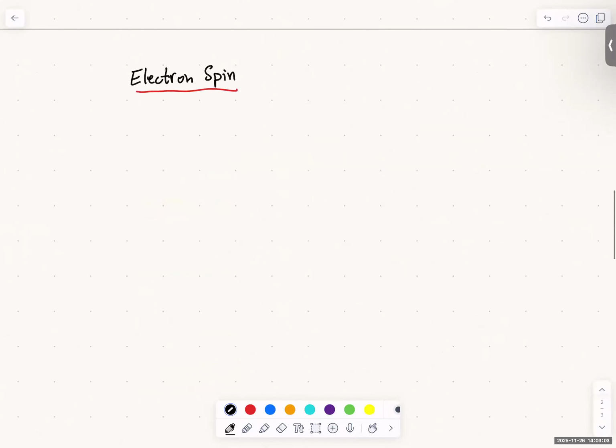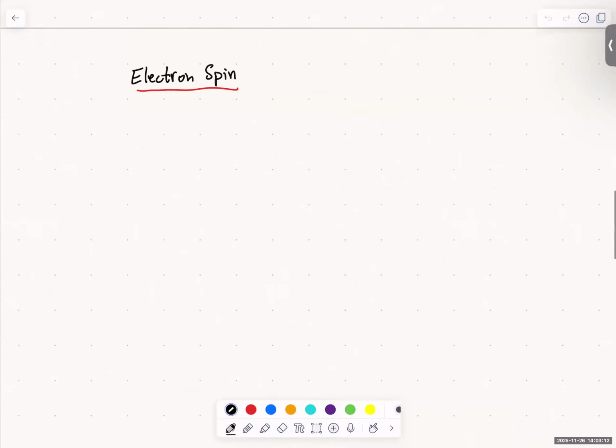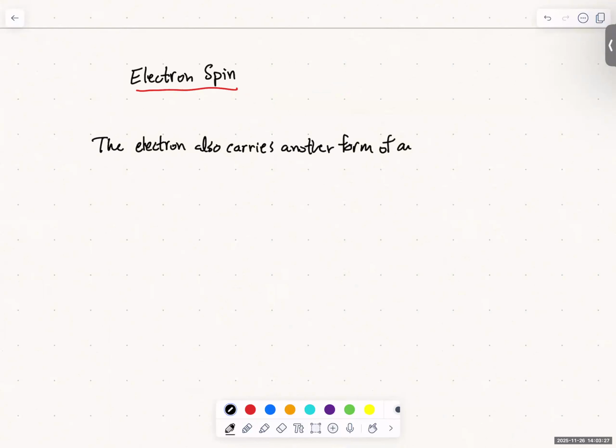What I'd like to do today is talk about the electron spin. The electron also carries another form of angular momentum called spin.